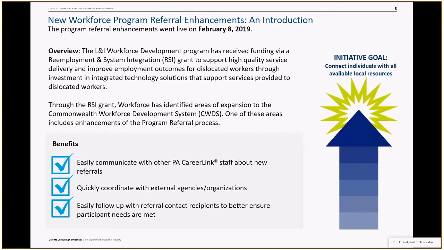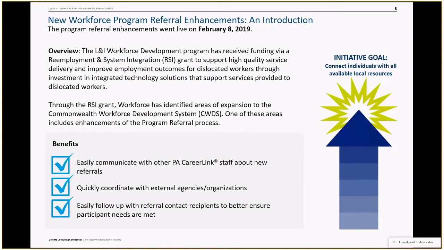You may be aware of some of these enhancements from some of the previous releases. We focused on 4 specific areas for the use of this grant. One is a dislocations dashboard that was released in October of 2018. The one you're probably most familiar with is the IEP ISS that was also released in October 2018.